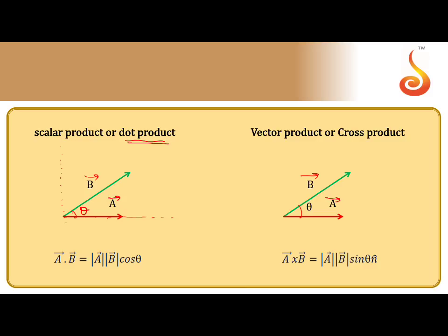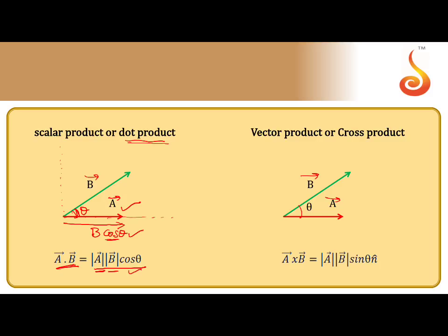One of the components in the direction of A will be B cos theta. Adjacent to theta is cos theta. Now you observe A vector and B cos theta vector both are in the same direction. The product of their magnitudes will give you the dot product. So scalar product can be defined as the product of the magnitudes of two vectors and the cosine of the angle between the two.